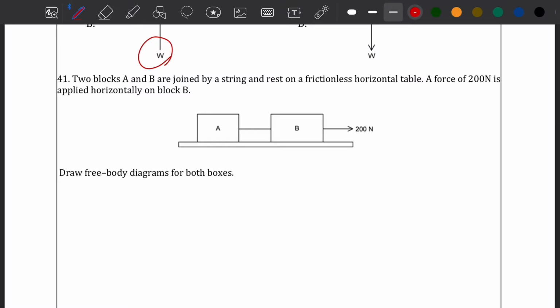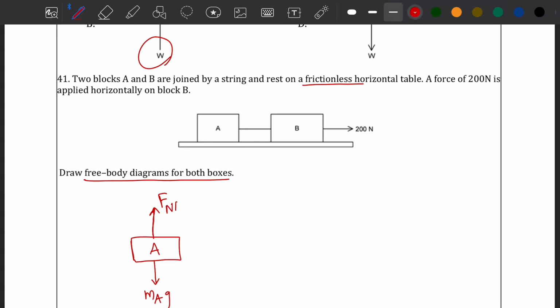Two blocks A and B are joined by a string and rest on a frictionless horizontal table. A force of 200 newtons is applied horizontally on block B. Draw the free body diagram for both the boxes. When they ask you to draw a free body diagram, you must draw it separately. So I'm going to draw A separate and B separate. On A, there will be force of gravity acting, which is mg, and there will be normal force acting, which is Fn.